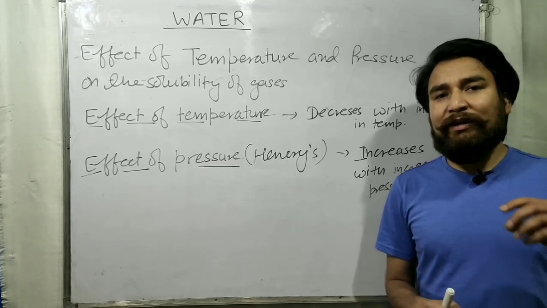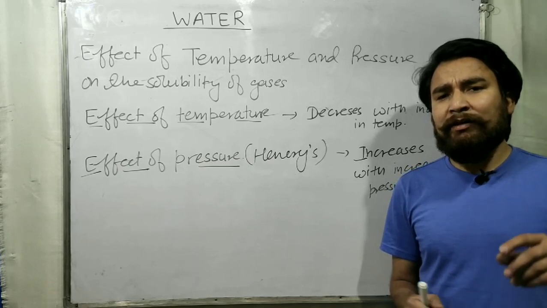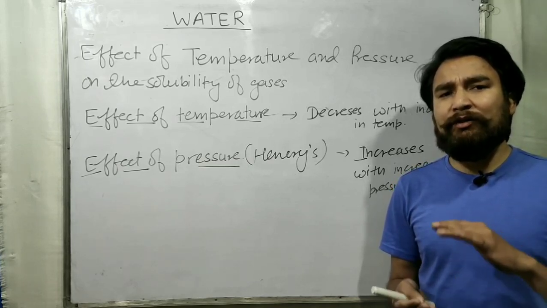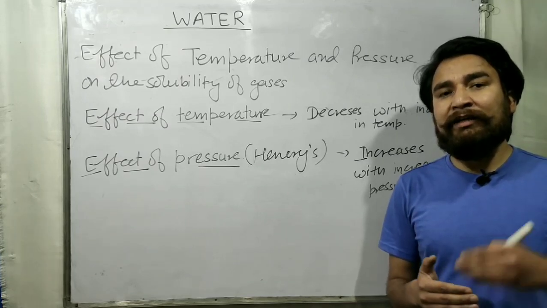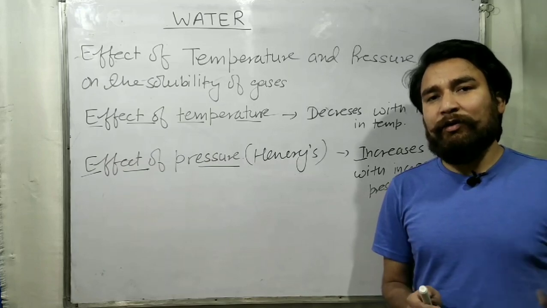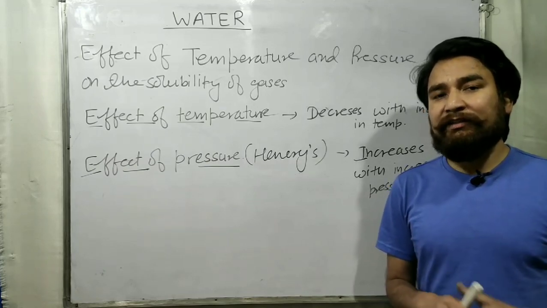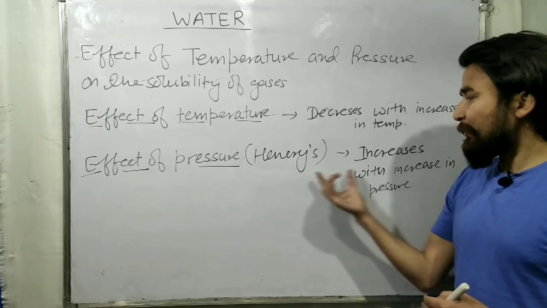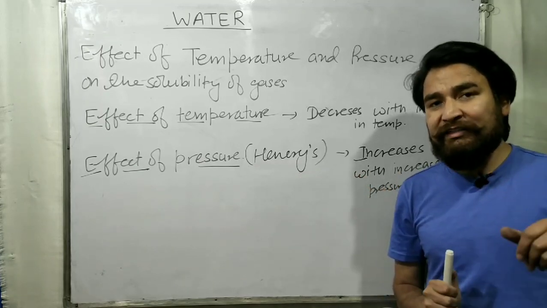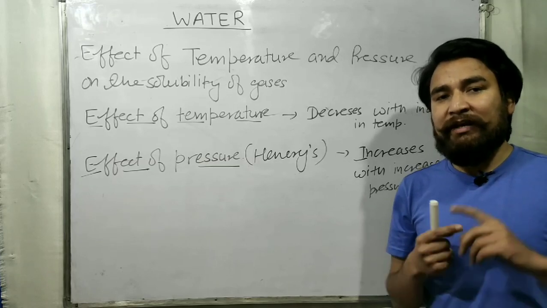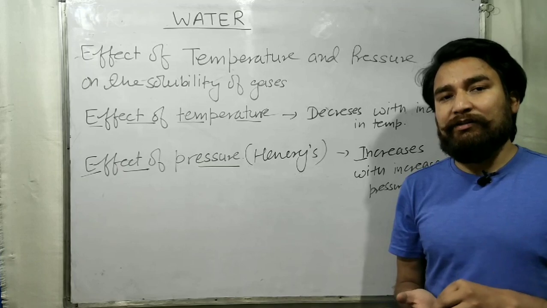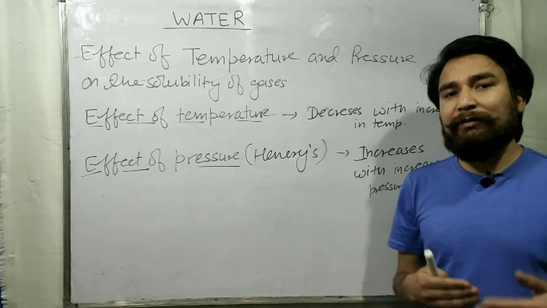It is because whenever we open the bottle, the pressure inside the bottle releases suddenly and the pressure becomes low. Due to that, the solubility of the carbon dioxide in that soft drink also decreases, because the solubility is directly proportional to the pressure. As solubility increases with increase in pressure, if you decrease the pressure, the solubility will decrease, and that is why bottles of soft drinks are filled under high pressure, to increase the solubility of carbon dioxide in it.